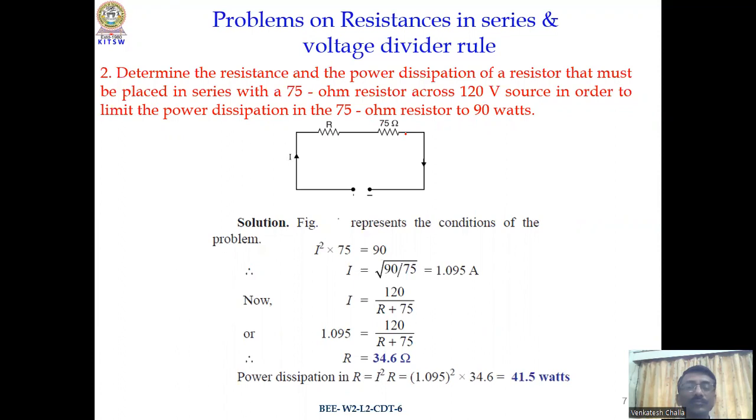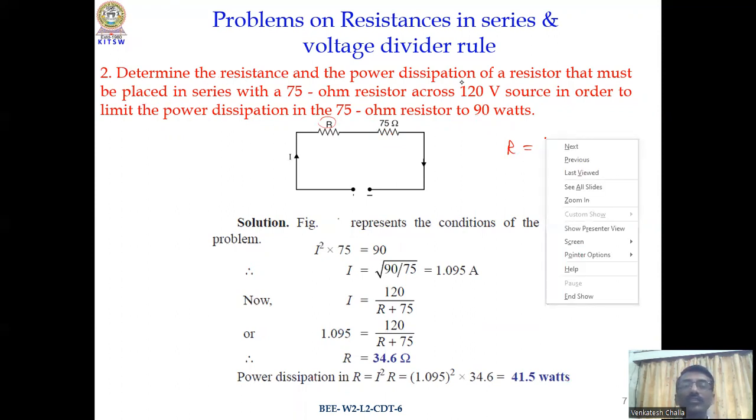Here in the figure, it is given that 75 ohms is connected in series to a resistor R. Determine the value of the resistor R that has to be placed in series with this resistor.